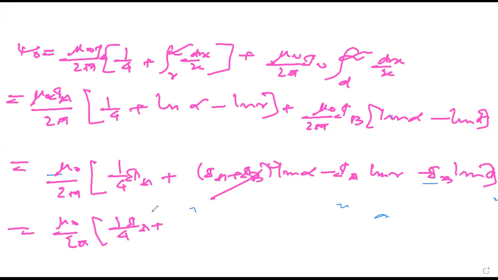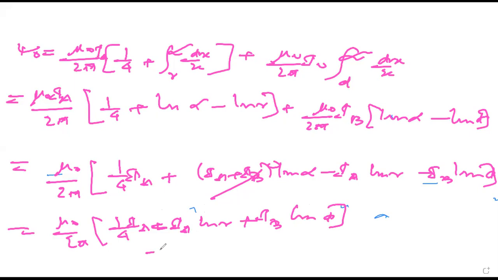Now this is minus Ia ln r, and this will be plus IB ln d, because Ia equals minus IB. Let us say Ia equals IB equals I in magnitude, we'll come to that also.